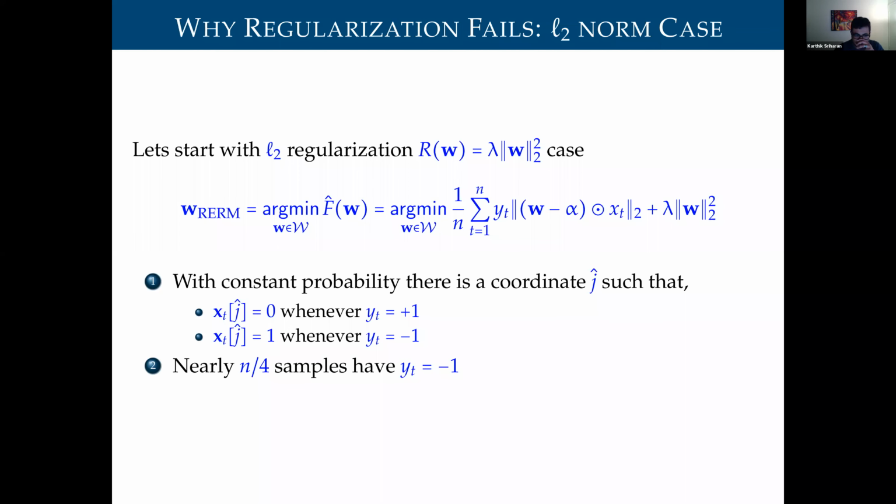Okay. The key thing here is that because the dimensionality is that large, because the dimensionality is 2 to the power n, with a constant probability, there is going to be a coordinate j hat. Roughly speaking, think about it as follows: you have n samples, and d is roughly 2 to the n.